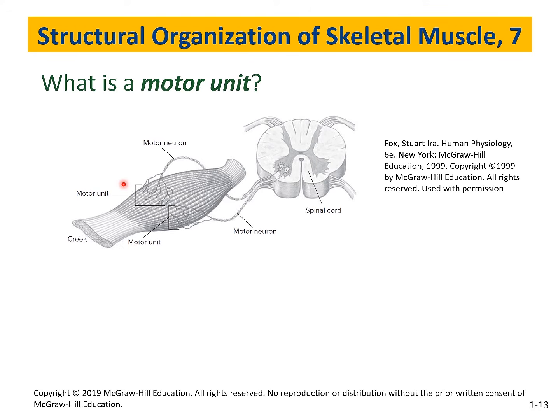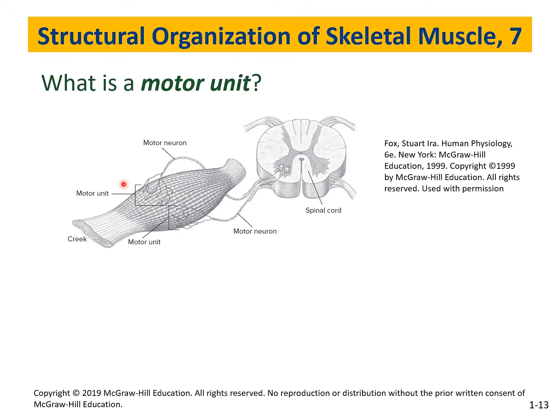You could have 50,000. Someone could have 20,000. This is important because that affects how you excite your muscles, how quickly the excitation is there. And that's a genetic issue. That's how many muscle fibers are connected to each motor neuron to create a motor unit.